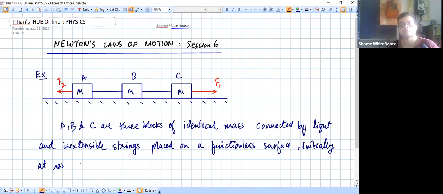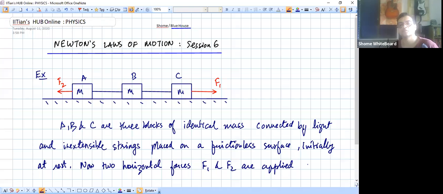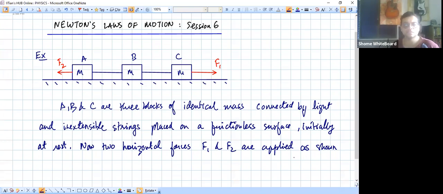Okay. Now, two horizontal forces, okay, F1 and F2, are applied as shown. So these forces are applied simultaneously. Okay.